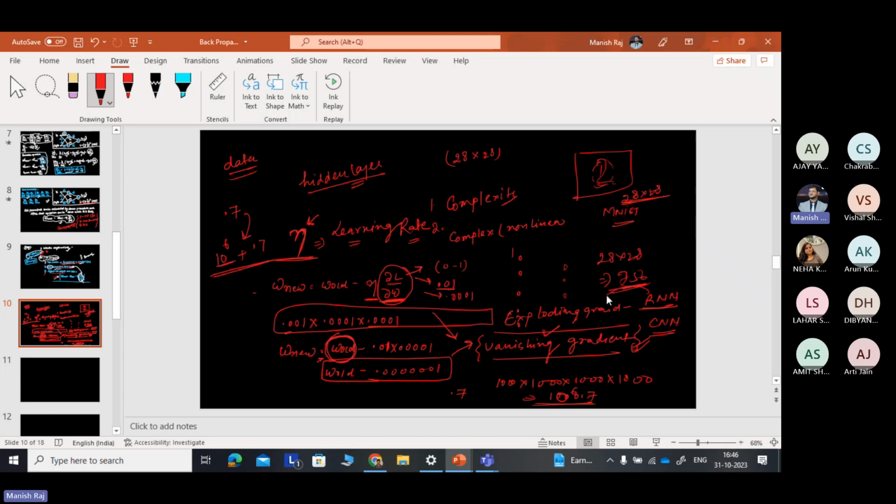padhoge, then this problem will occur, okay. So remember you have to make your neural network like that, means this problem and this problem should not come in the picture, okay, क्योंकि इससे आपका कोई फायदा नहीं होगा. If your system is in the loop of vanishing gradient, so there is no updation.